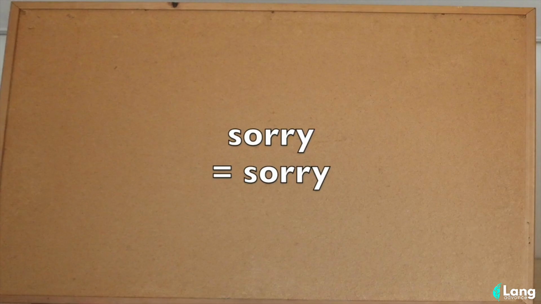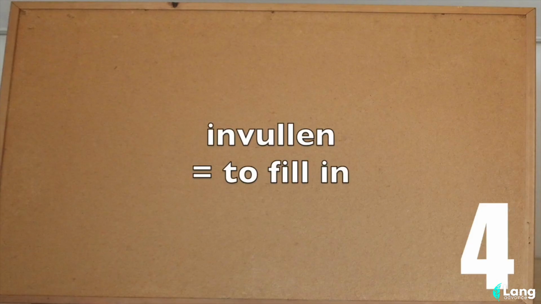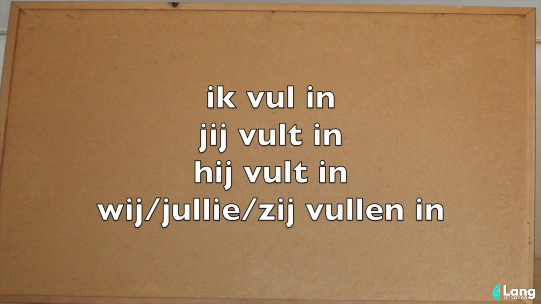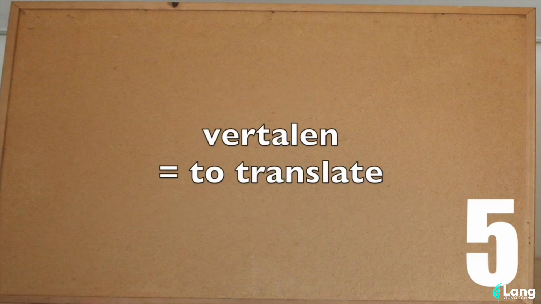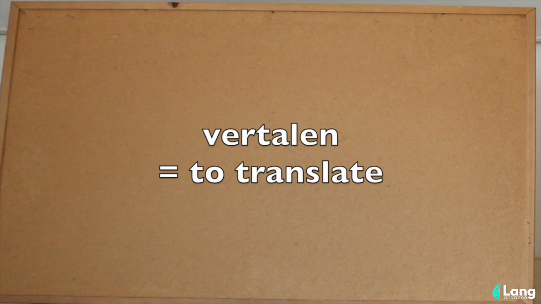Sorry means sorry. Invullen means to fill in, and here you have the conjugation, so you see that the in goes at the end. That's ik vul in, jij vult in, hij vult in, wij vullen in, jullie vullen in en zij vullen in. Vertalen, that's to translate.